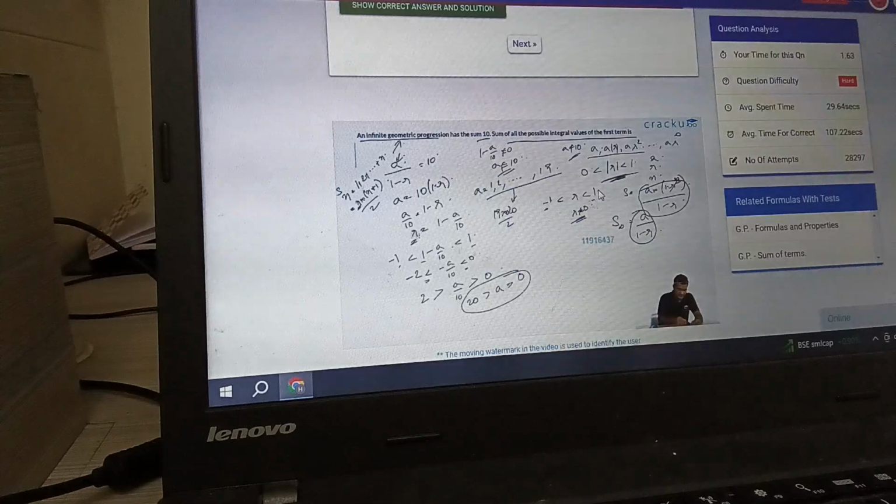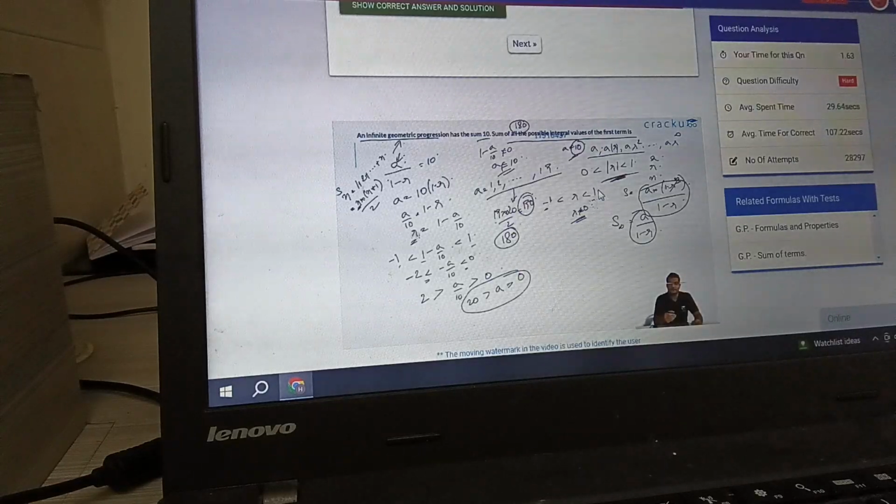Substituting 19 for n, we get 19 into 20 by 2, which is equal to 190. From this sum, we have to subtract 10 because a cannot equal 10. So this will be 180. Therefore, the sum of all the possible values of the first terms of infinite geometric progressions whose sum is equal to 10 is 180.